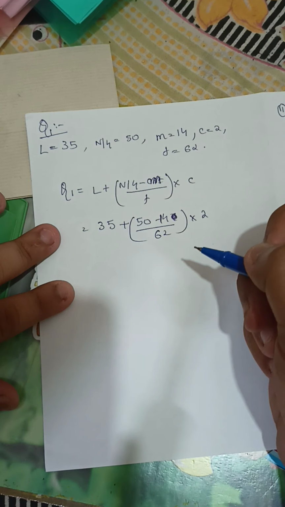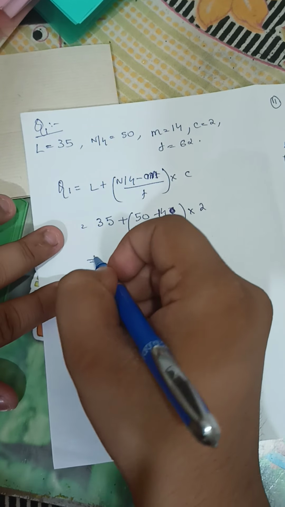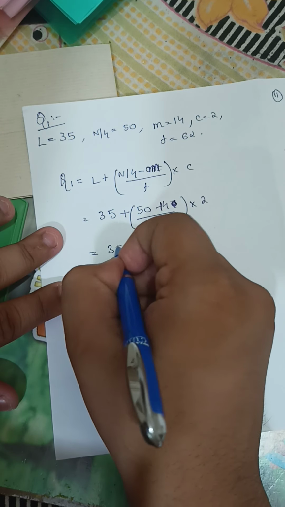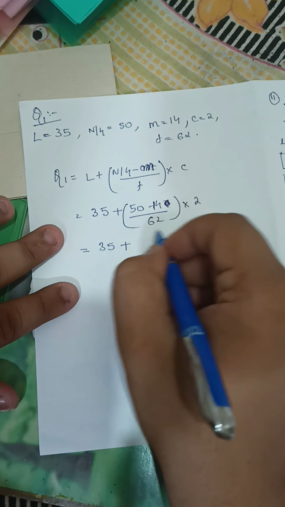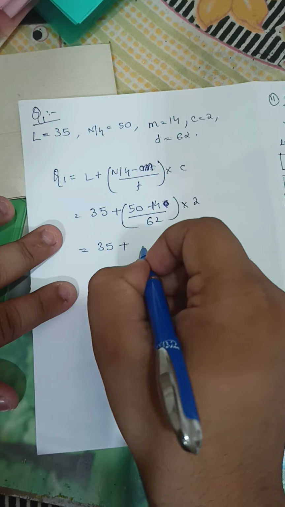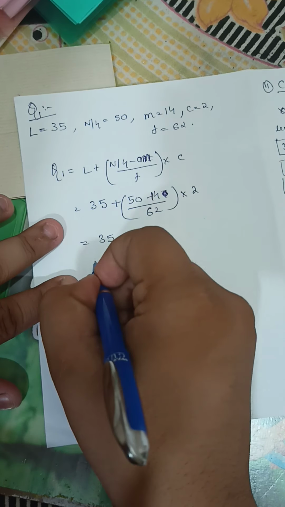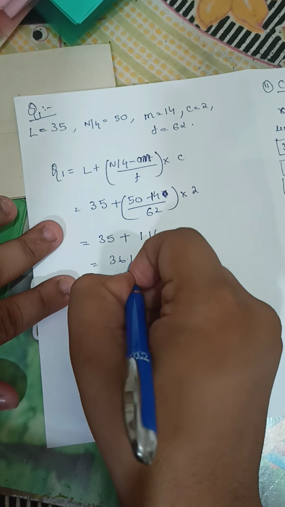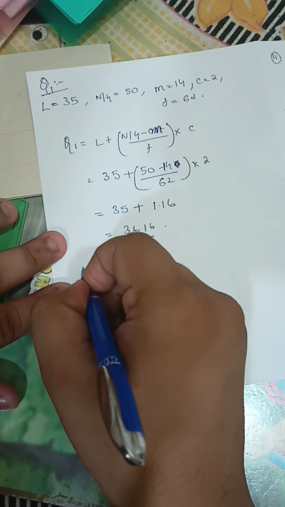This will be the answer. If you calculate, you will get around 1.16. Then obviously 36.16 is the Q1.